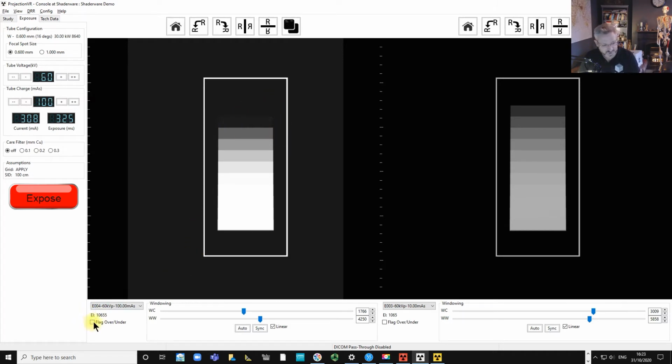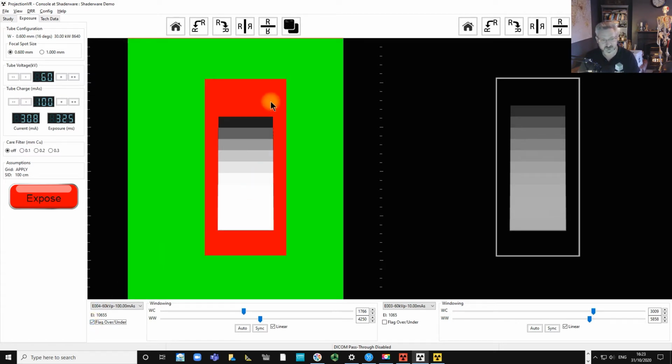And in fact, if we've got a system, and clinical systems have this as well, where you can color in any maximal pixel with a red color, here you can see that we've got maximum pixel value all the way around.